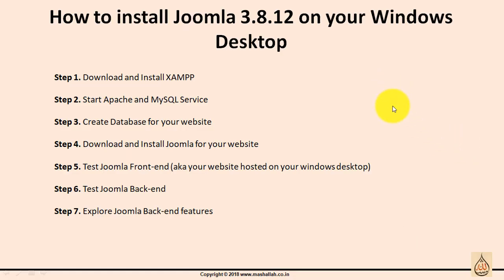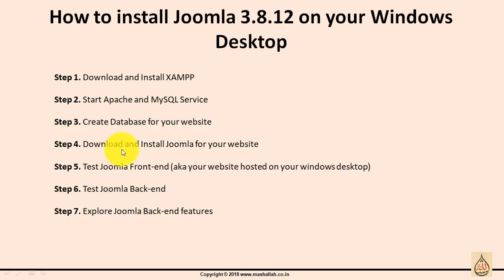so a quick recap of what we have done so far. We started with first downloading and installing XAMPP on our local Windows 10 desktop computer, and then we started the Apache and MySQL services. We then created a new database for our local website through phpMyAdmin, and then we have gone and downloaded Joomla from joomla.org website.